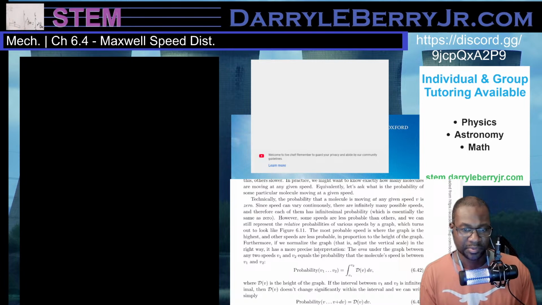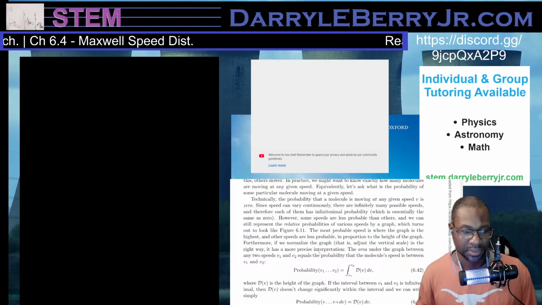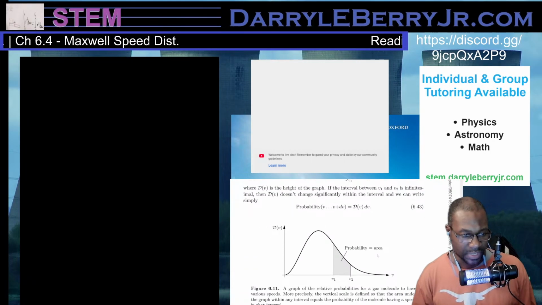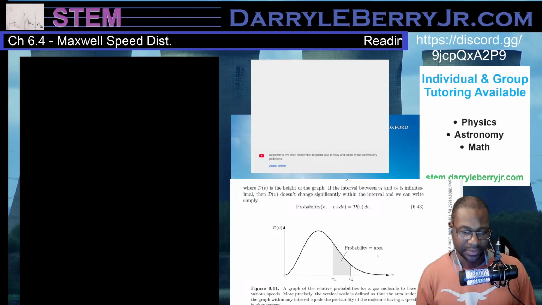However, some speeds are less probable than others, and we can still represent the relative probabilities of various speeds by a graph, which turns out to look like figure 6.11. A graph of the relative probabilities for a gas molecule to have various speeds. More precisely, the vertical scale is defined so that the area under the graph within any interval equals the probability of the molecule having a speed in that interval.